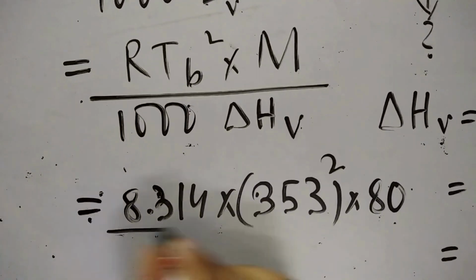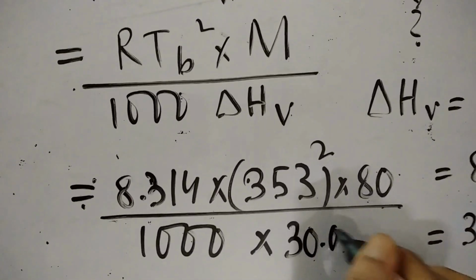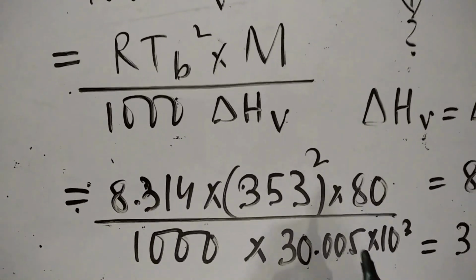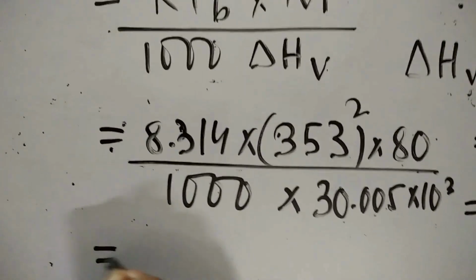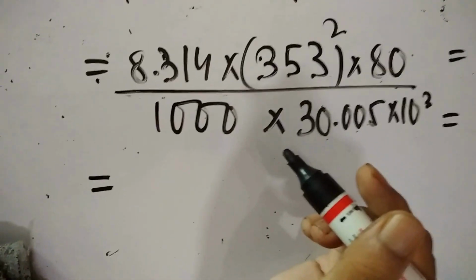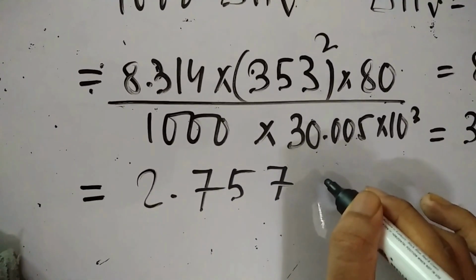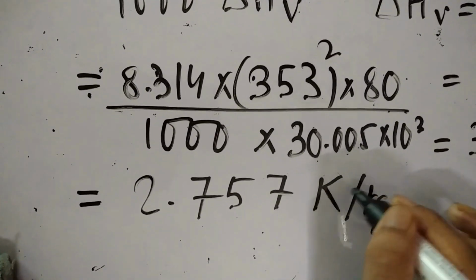So we place 80 divided by 1000 multiplied by 30.005 into 10 cube. Now after calculating, this is a hectic task in itself, but give it some time, calculate it properly, and we get to the value 2.757, and this is Kelvin per kg.